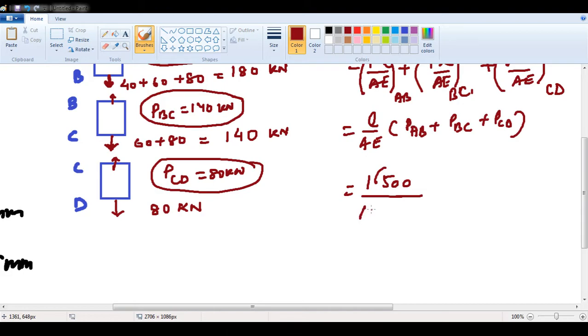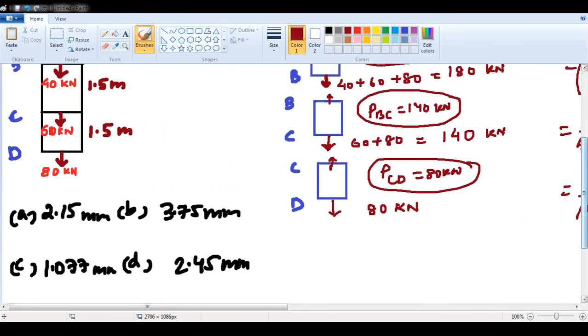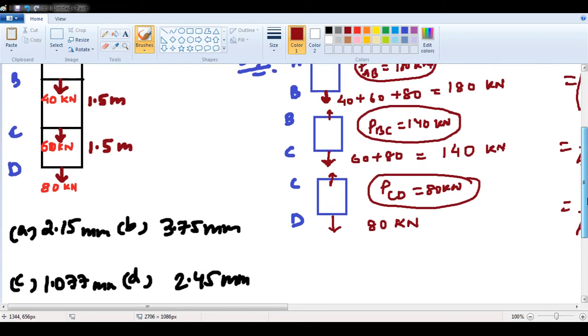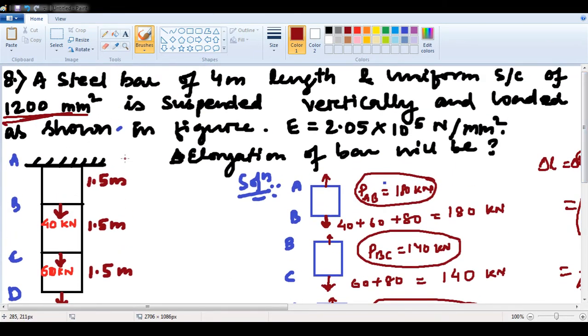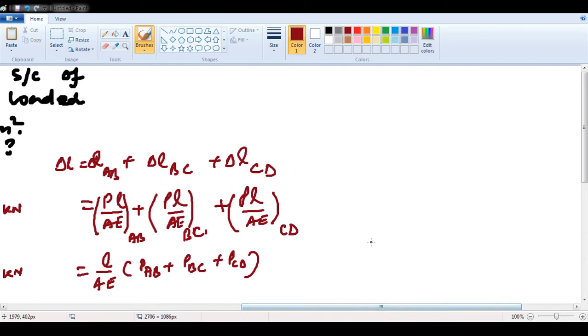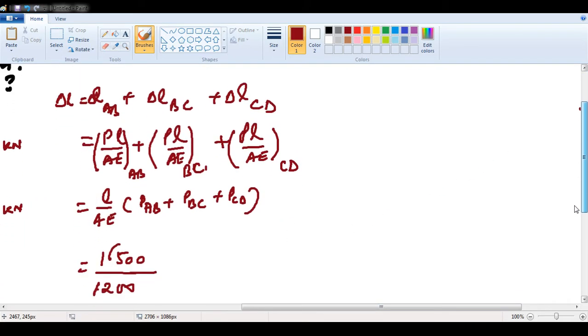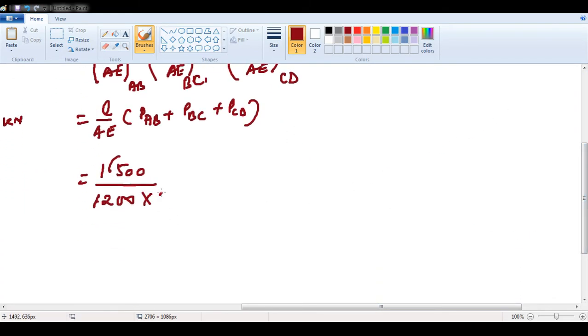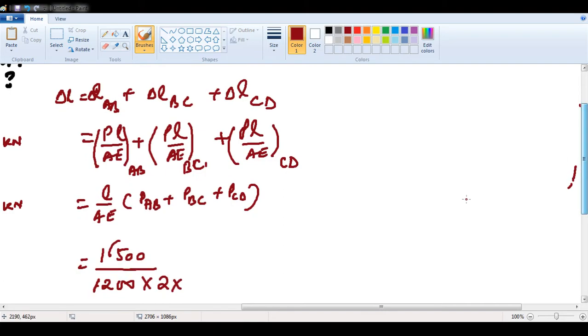Area is 1200, here it is given 1200 mm square, that is the area.